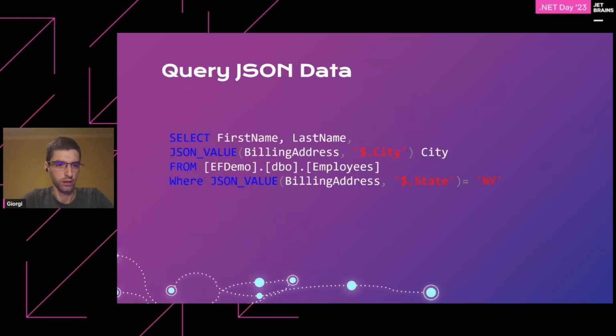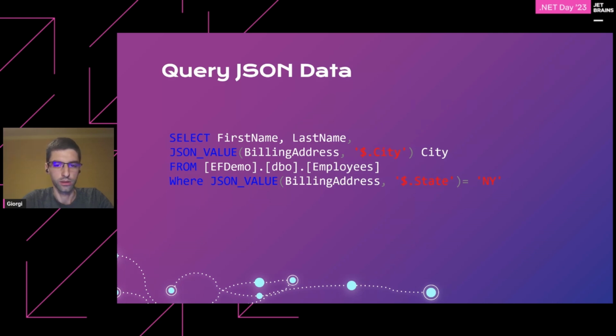So here is what a JSON query looks like in SQL Server. If we have the employees table with a billing address column that contains JSON data, we can use the JSON_VALUE function to extract the city from the billing address column, and we can also use the JSON_VALUE in the where clause to filter the rows.